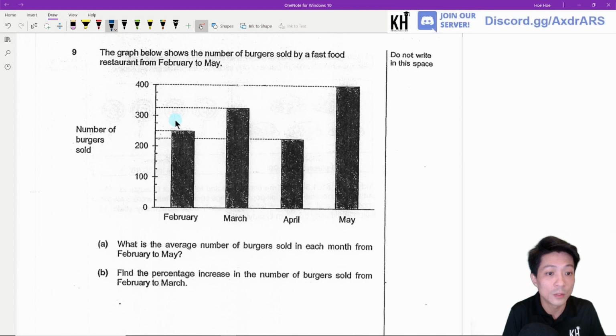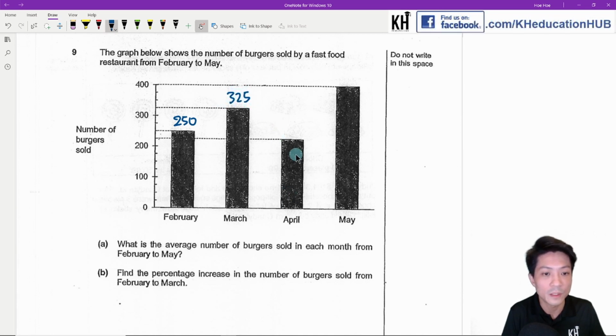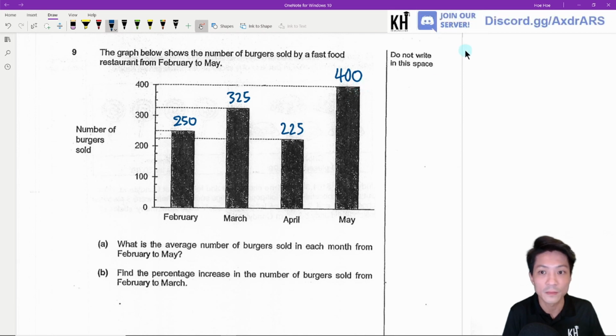This will be 250. This will be 325. April will be 225. May will be 400.